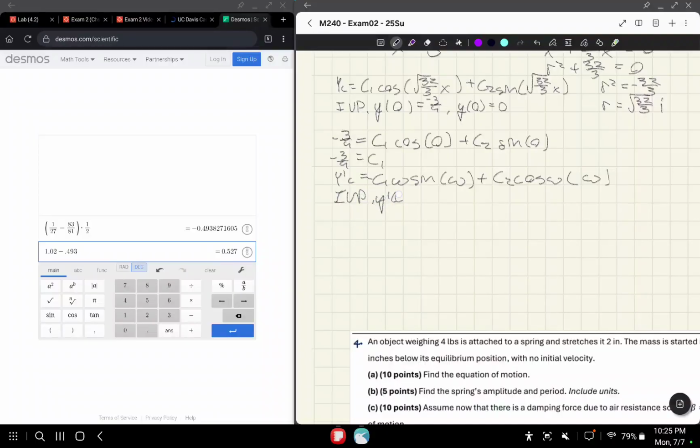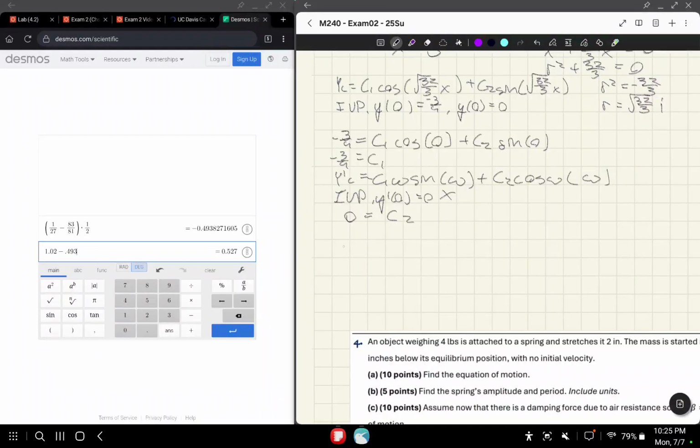y prime at time 0 is equal to 0. You can see that this cancels out. This has C1, which is negative 3/4, but since the sine is 0, it cancels out. And this has C2, which has a value, but it's equal to 0. So C2 does not matter in this equation.